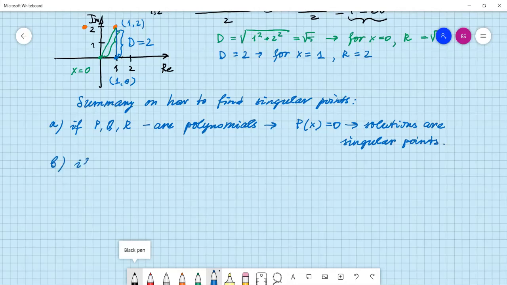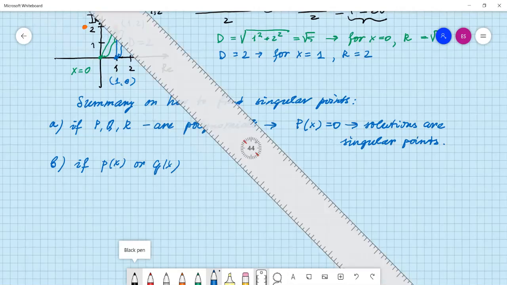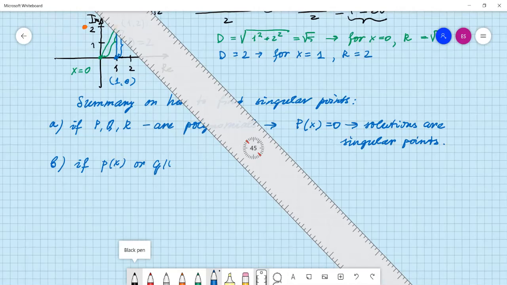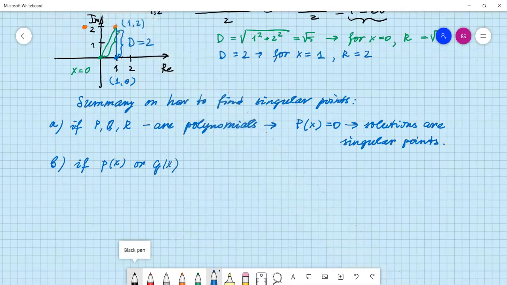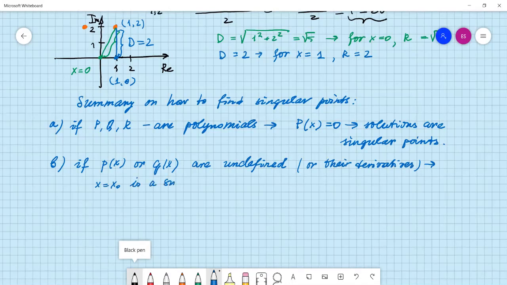B: not always like this, right? If P of x or Q of x are undefined, not both, it can be just one of them, or their derivatives, then x equals x0 is a singular point.